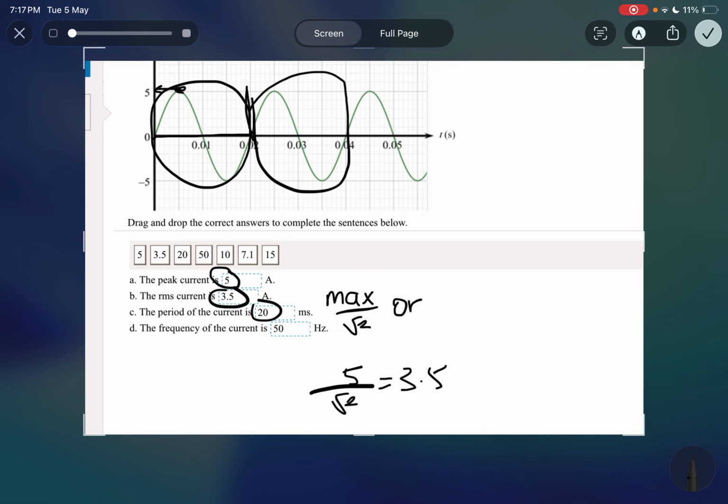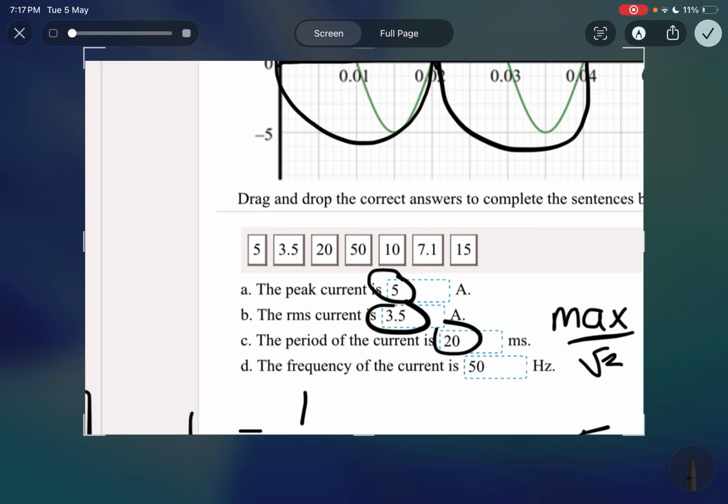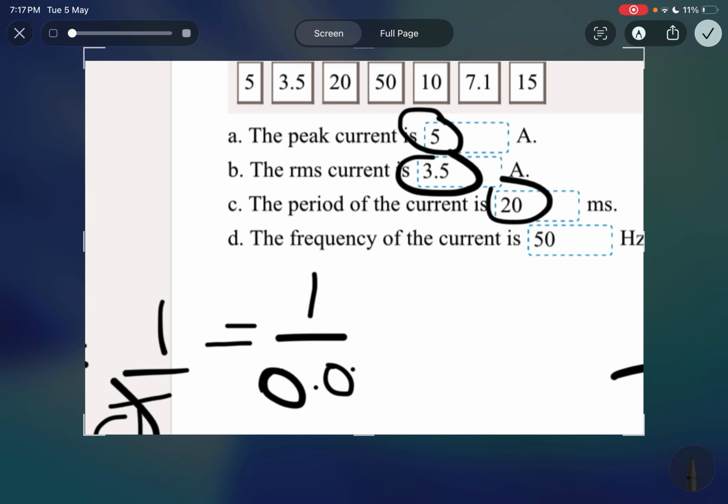And then for the frequency, F is equal to 1 over T, which is the time here, 0.02, which is equal to 50. And that's your answer.